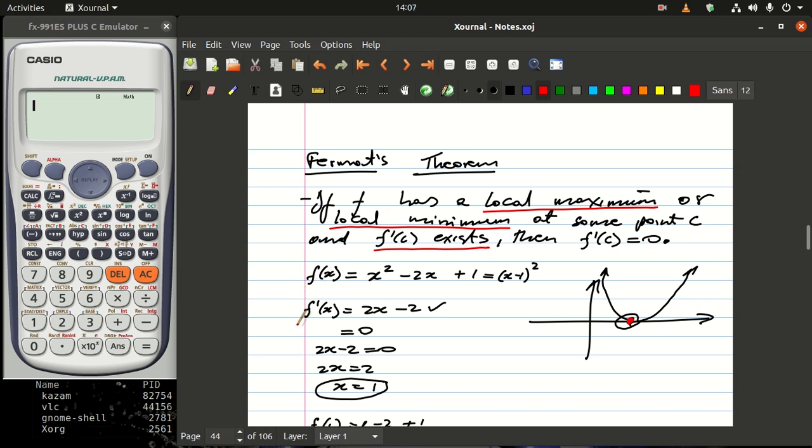This was actually the derivative. It existed, and after it existed, that's when you can conclude that there is some point, in this case x1, such that if you plug it into the derivative, you get a 0. That's what Fermat's theorem is saying.